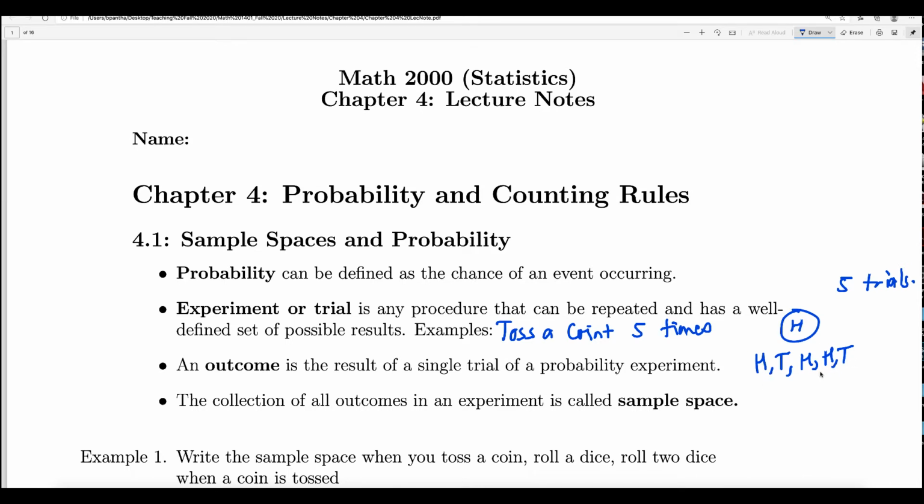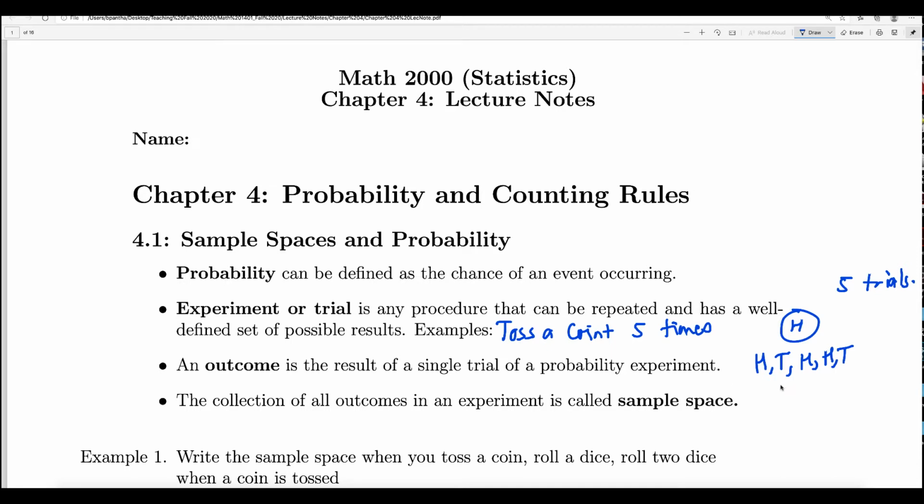So this is just a sample that I took. So it could be anything between head and tail in any trial, right? All of them can be head, all of them could be tail. Some of them may be head or tail, mixed together. But the outcome is whatever you got in a single trial of an experiment.